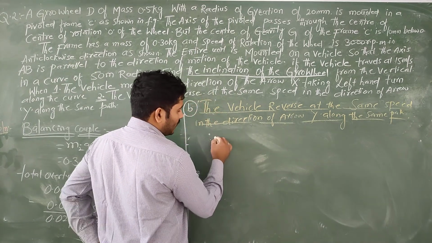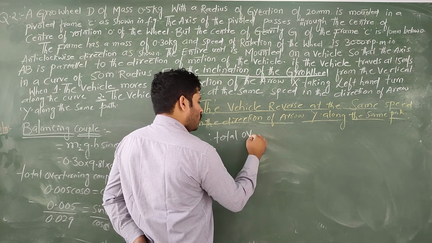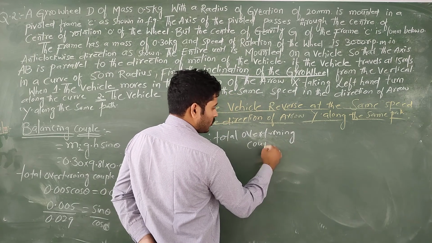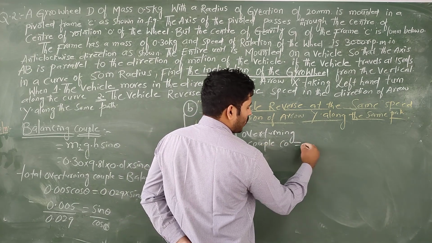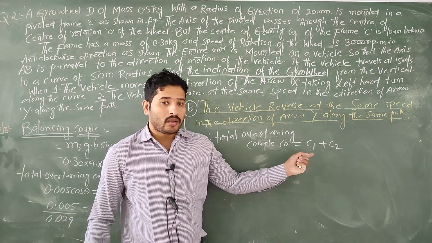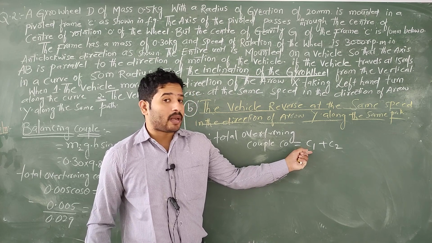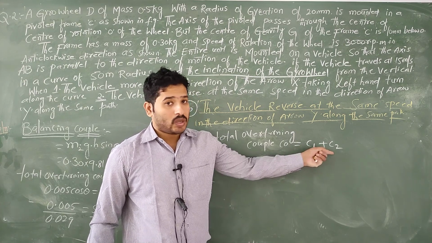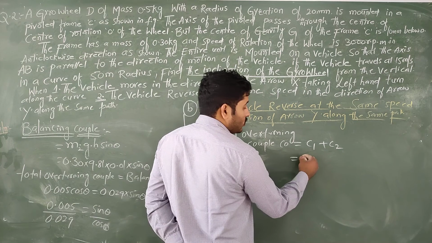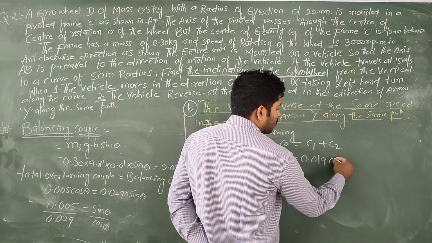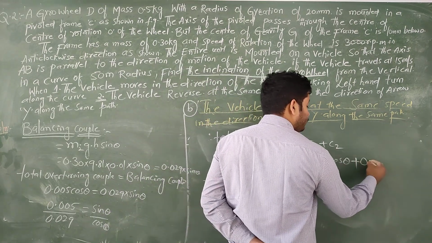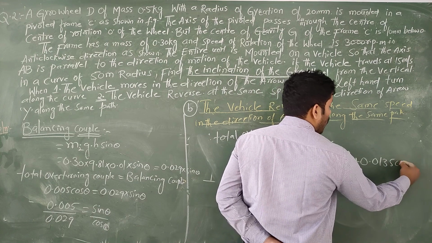Total overturning couple CO equal to C1 plus C2. C1 is nothing but the gyroscopic couple and C2 is nothing but the centrifugal couple. C1 we got as 0.019 cos theta plus C2 as 0.0135 cos theta.